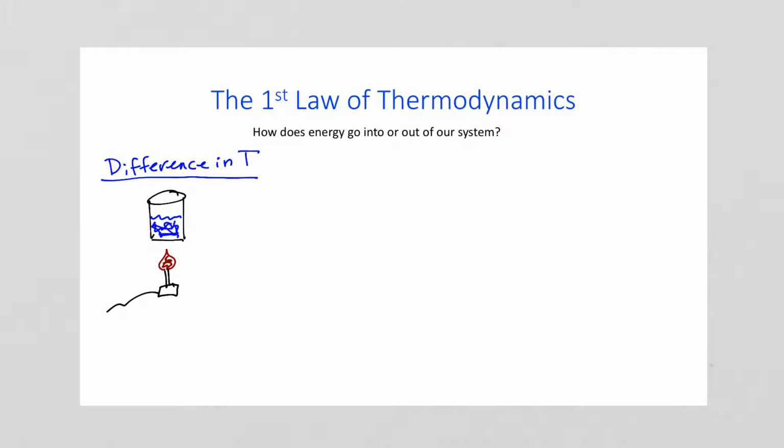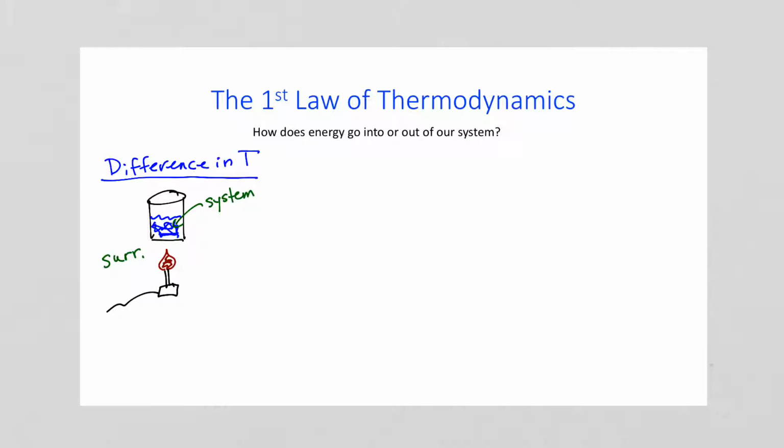As far as a chemist is concerned, the system is always going to be the part of the universe that you're interested in. So generally for us, that's going to be whatever's inside this beaker. So we're going to say that the beaker, or the stuff in the beaker, is our system, and that means that everything else outside of that system are the surroundings.